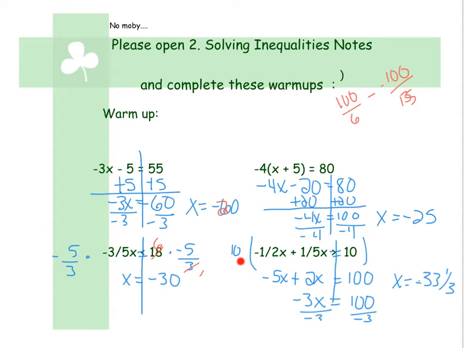So that left me with negative 1/2 of 10 is negative 5. 1/5 of 10 is 2. So then I just solved, and then don't forget you have to multiply the number over here as well by 10, so that's 100. So then negative 5 plus 2 is a negative 3, so x was multiplied by negative 3. So I divided by negative 3. 100 divided by negative 3 is negative 33 1/3.